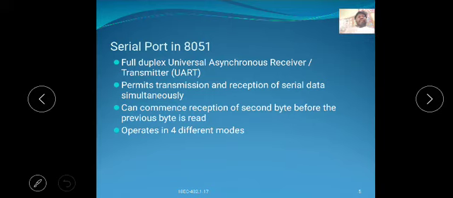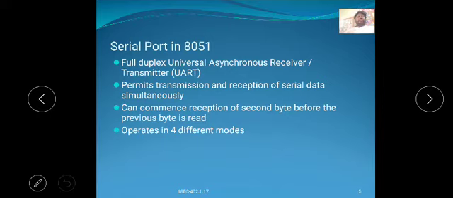The full duplex universal asynchronous receiver and transmitter permits transmission and reception of serial data simultaneously.